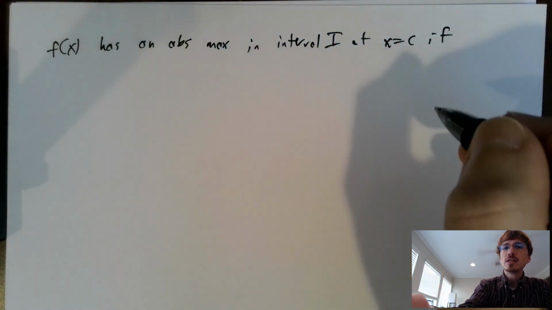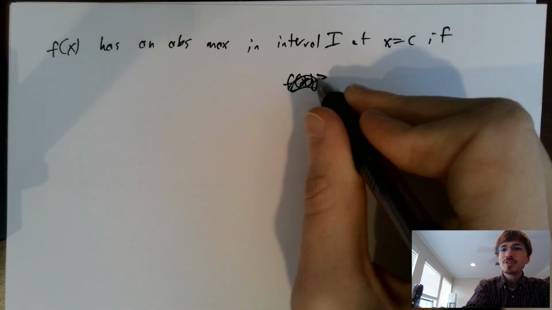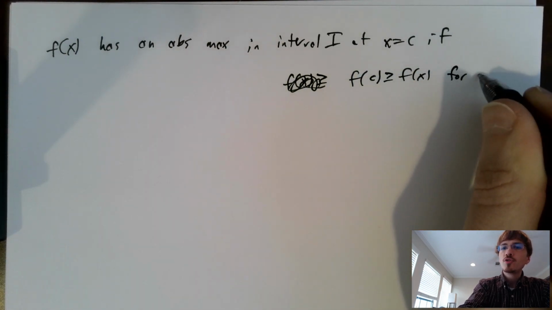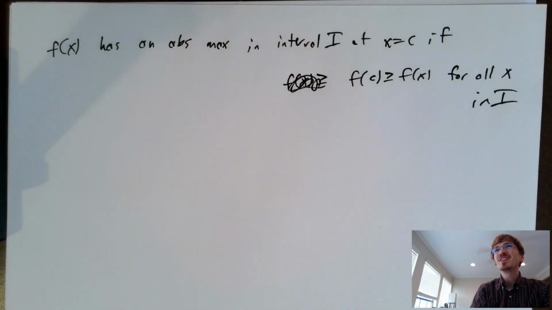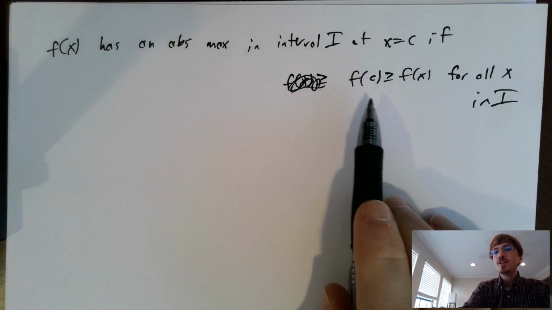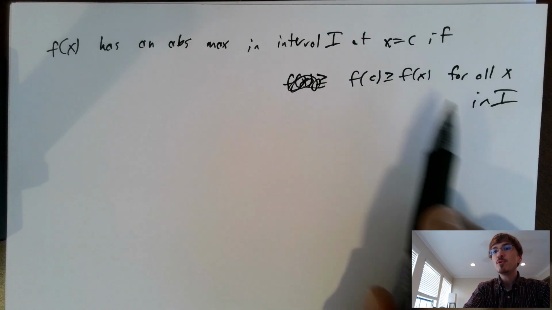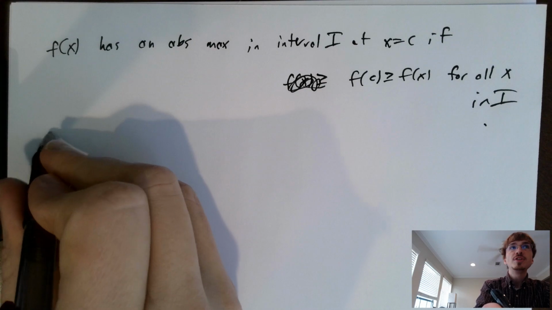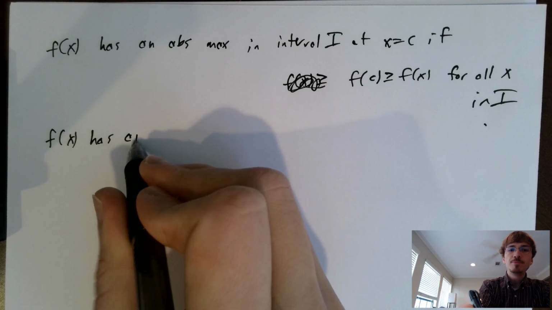If f of c is bigger than or equal to f of x for all x in the interval I. Sorry, this got a little messy here. F of x has an absolute maximum on an interval if the function value is the largest for all values in the interval, not just near the point c, but for every value in the desired interval. What do you think is going to change if we have f of x having an absolute minimum?